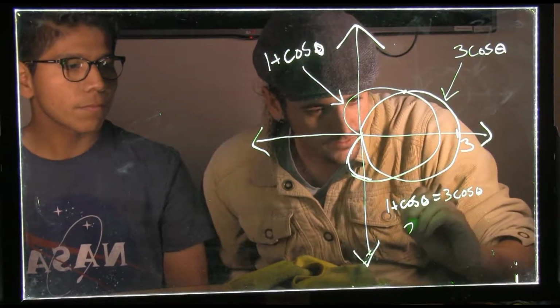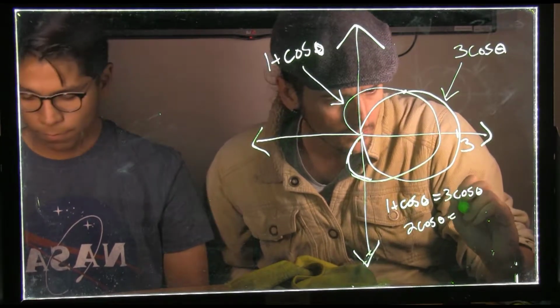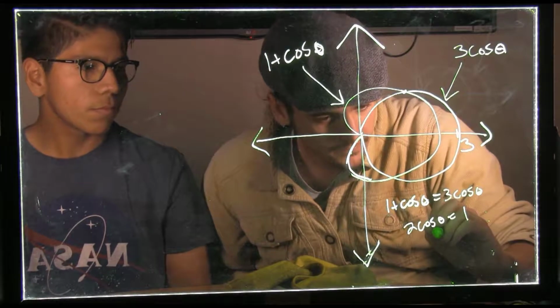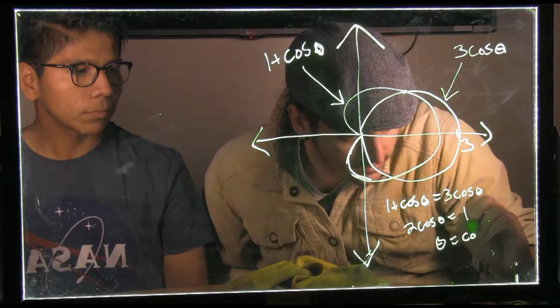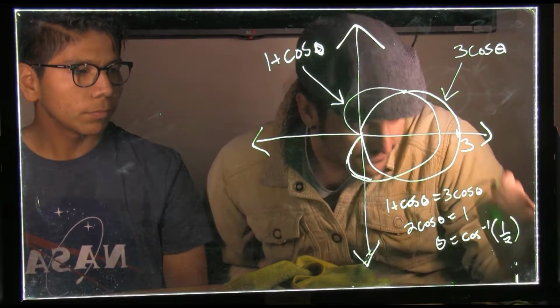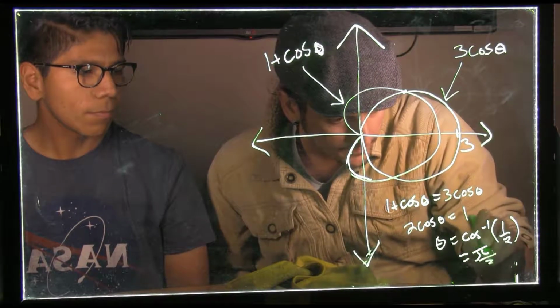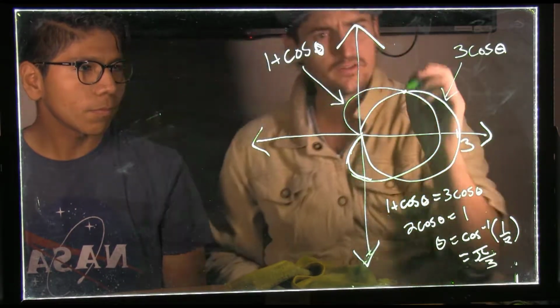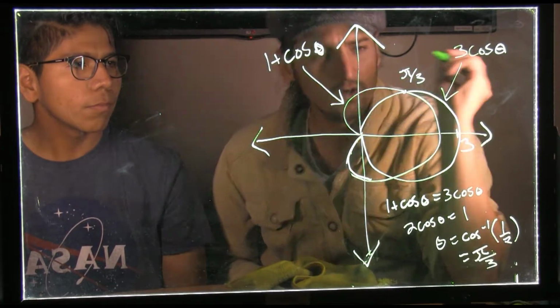So we get 2 cosine of theta equals 1, and then we get theta equals inverse cosine of 1/2, which equals pi over 3. So this point right here is pi over 3.